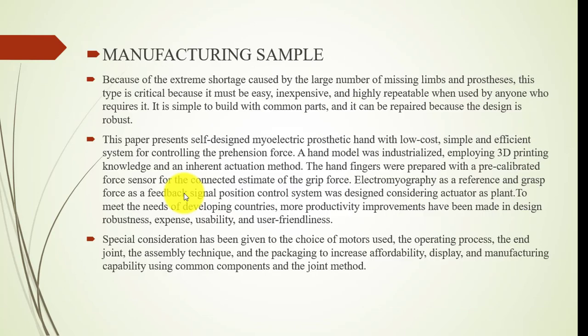Manufacturing sampling: because of the external shortage caused by the large number of missing limbs, special consideration has been given to the shape of the motors used in the operation process, which need a joining assembly technique to increase the manufacturing capability of the common components and their joint method.